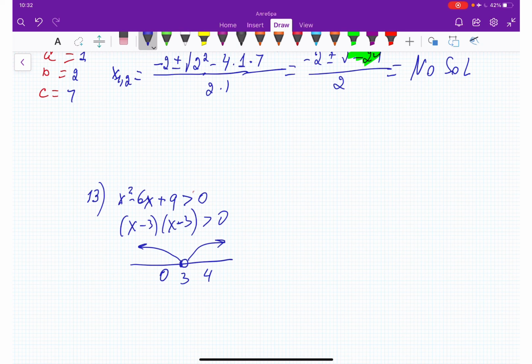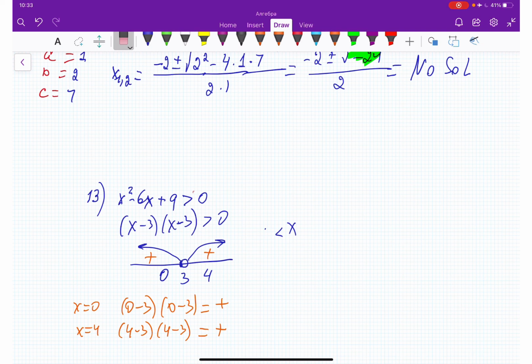So let me see. x is equal to 0: 0 minus 3, 0 minus 3, it's going to end up positive. And x is equal to 4: 4 minus 3, 4 minus 3, it's going to end up positive, which means x is going to be from negative infinity to positive infinity, or negative infinity, positive infinity in the interval.